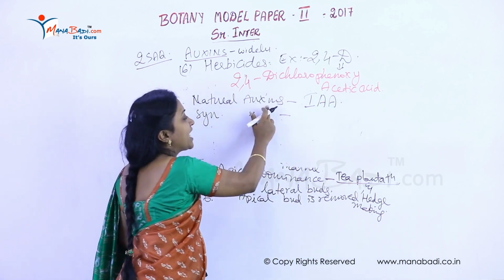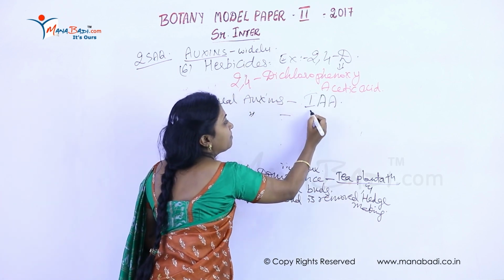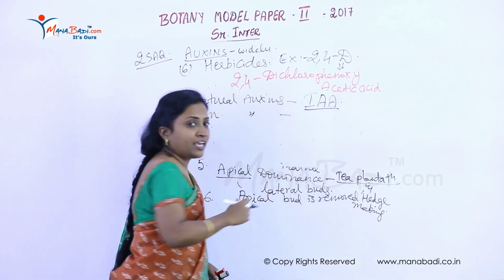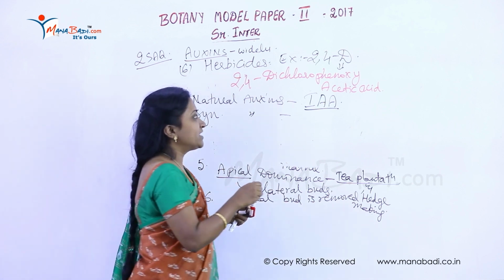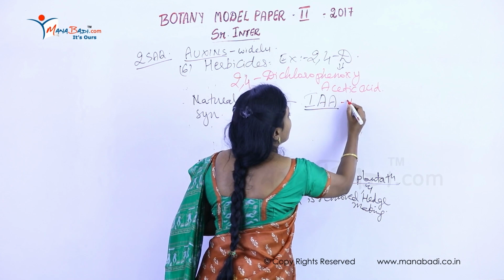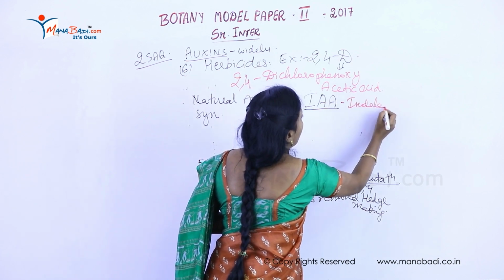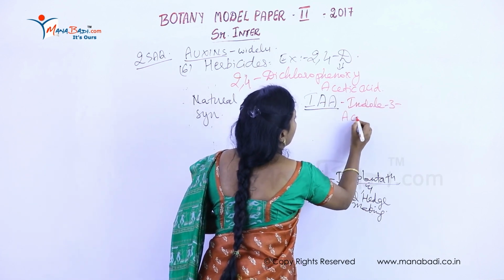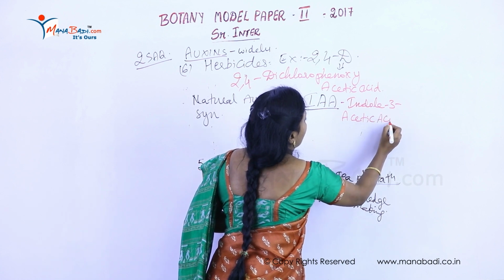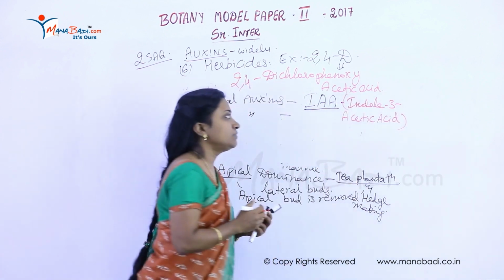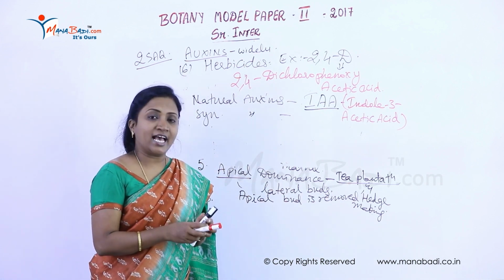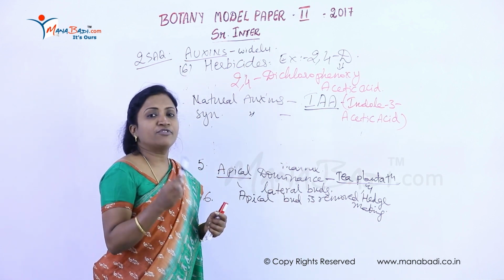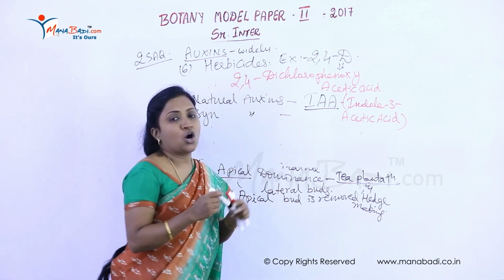Example is IAA, indole 3-acetic acid, an example of a naturally synthesized auxin.